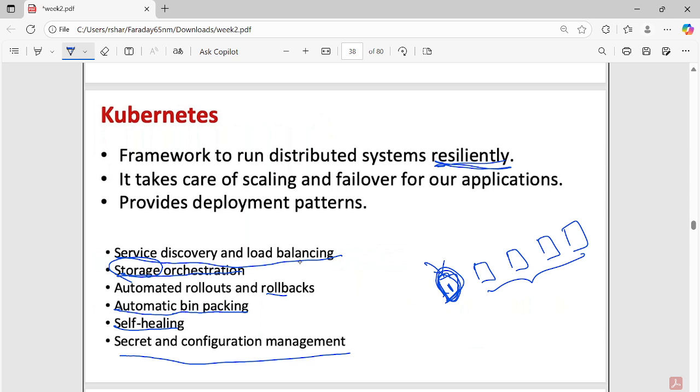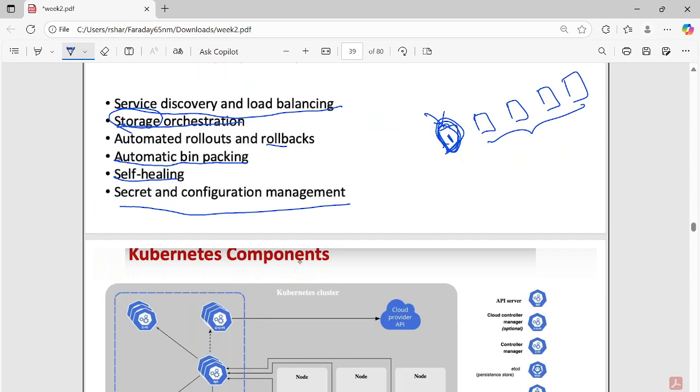We can deploy and update secrets and secured information and application configuration without rebuilding the image containers and without exposing this information in the stack configuration. So this is why Kubernetes is very good for the applications which we are going to run on the clusters.